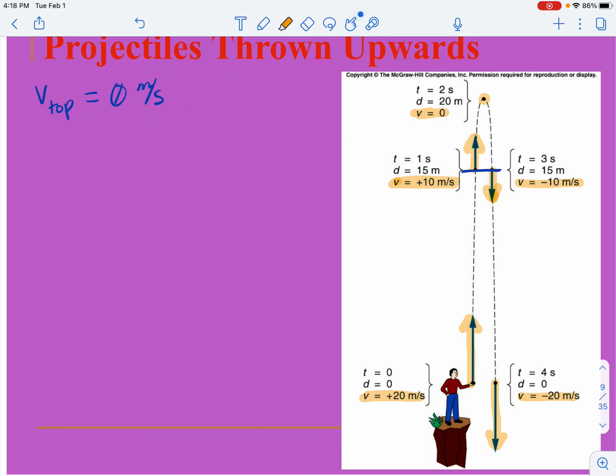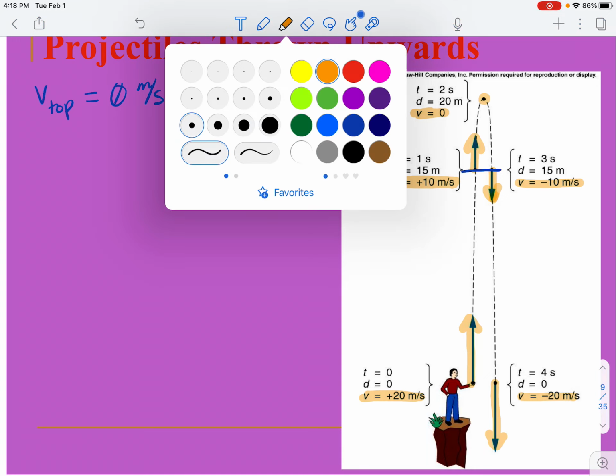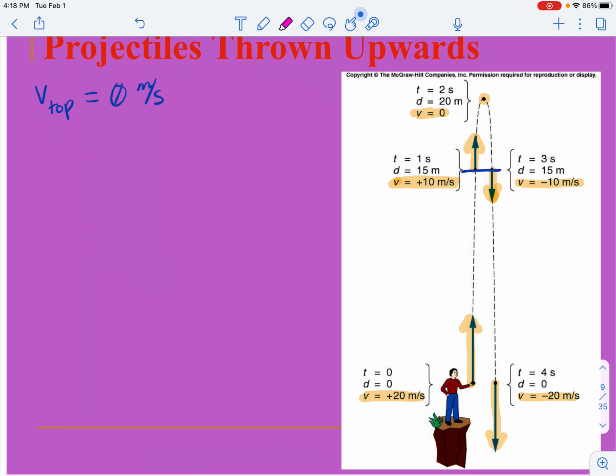So if we look at our displacement, we can see that we have a displacement of 15 meters and 15 meters. So when the object is 15 meters away in this particular situation, it has a speed of 10 meters per second. When it's vertically on its way up, it has positive 10, and when it's on its way down, the velocity is a negative 10.